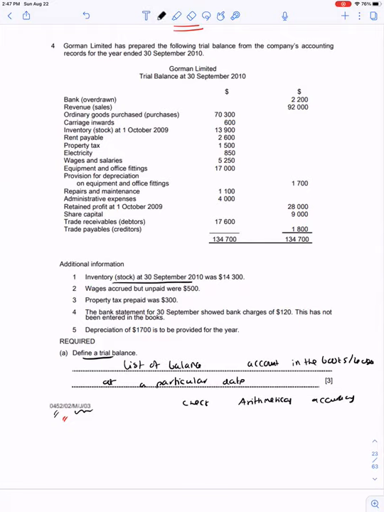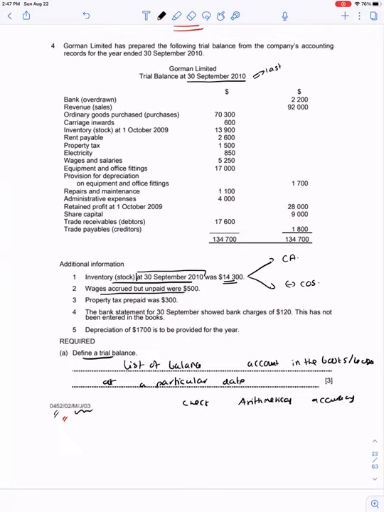Inventory on the last date, 30th September. Trial balance is also made on the last date. So closing inventory is 14,300, with two effects: show it as a current asset, and less from cost of sales.